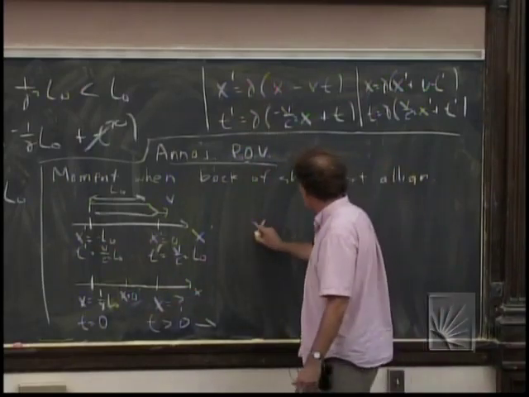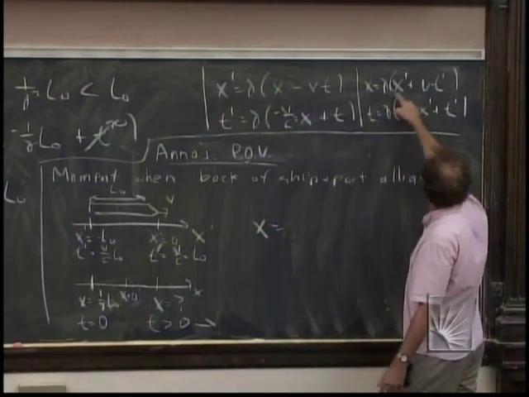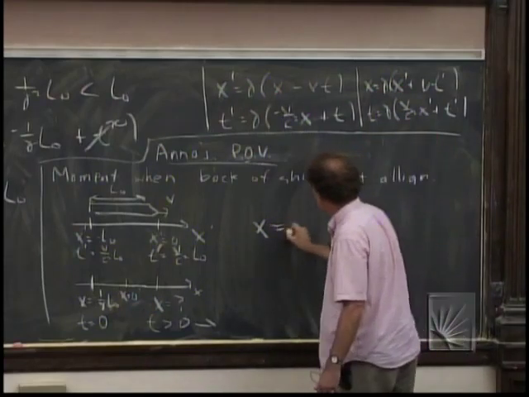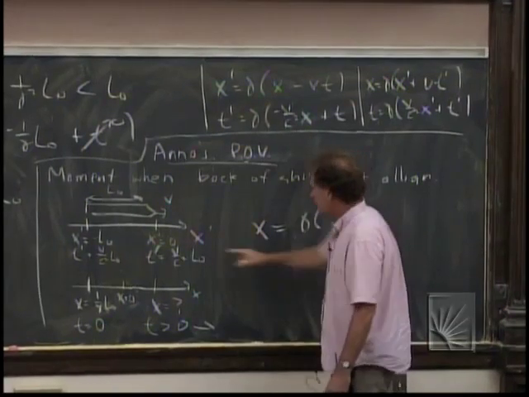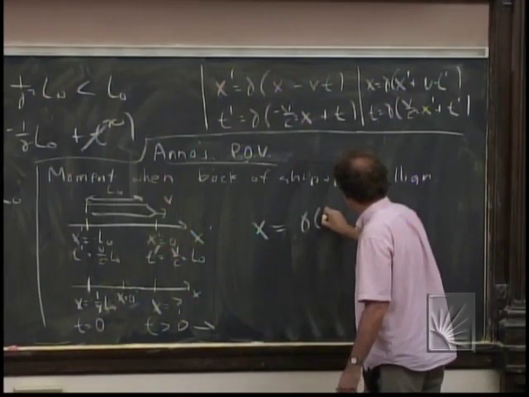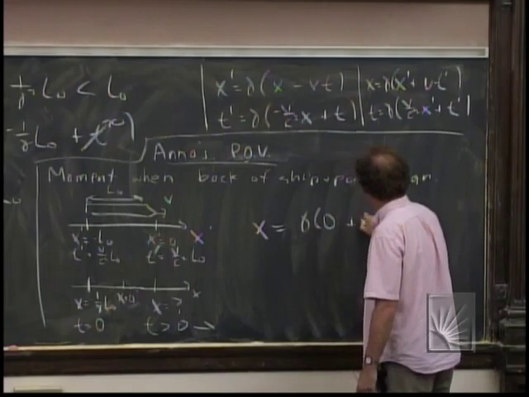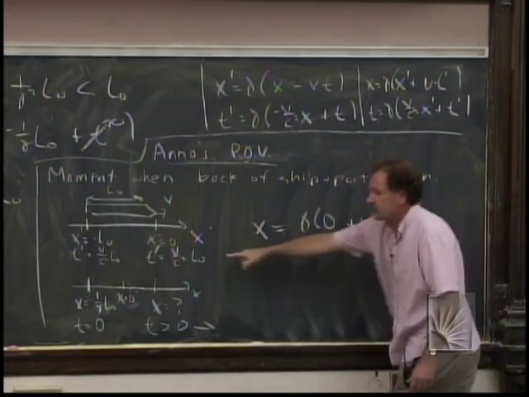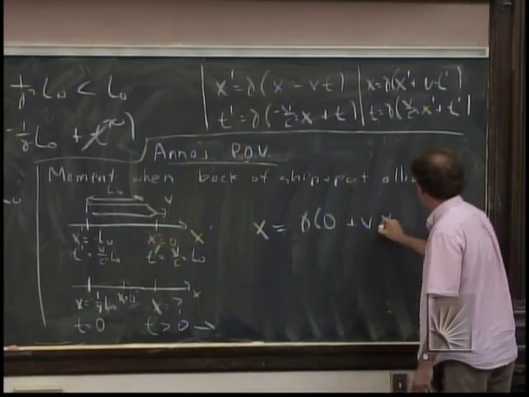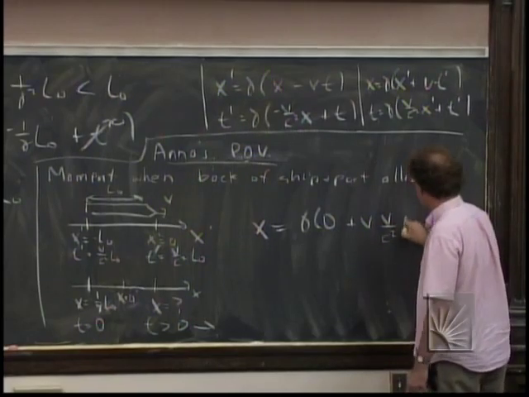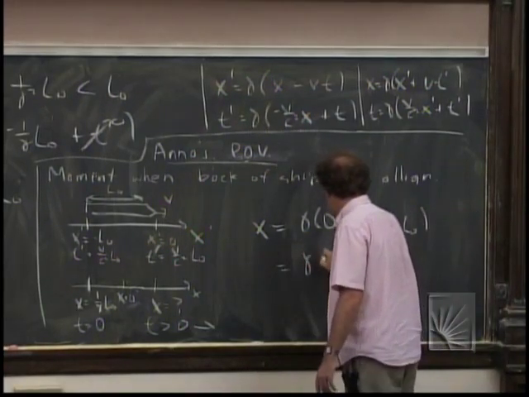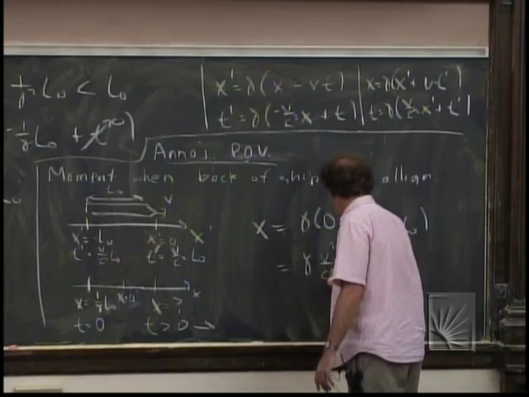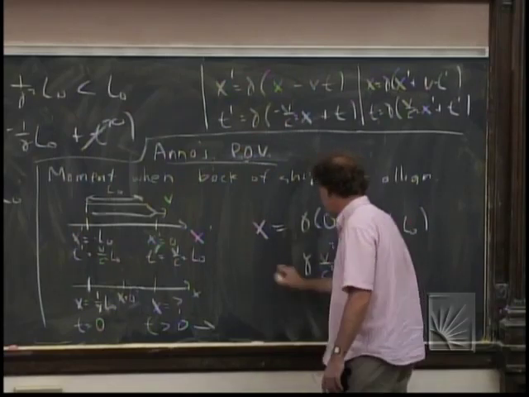And very simply, x is just use this formula. It's at the front of the rocket, out here, it's gamma times (x prime at the front of the rocket is 0, plus v, and t prime was just this thing, v over c squared L0). Okay, so that's gamma v squared over c squared L0.